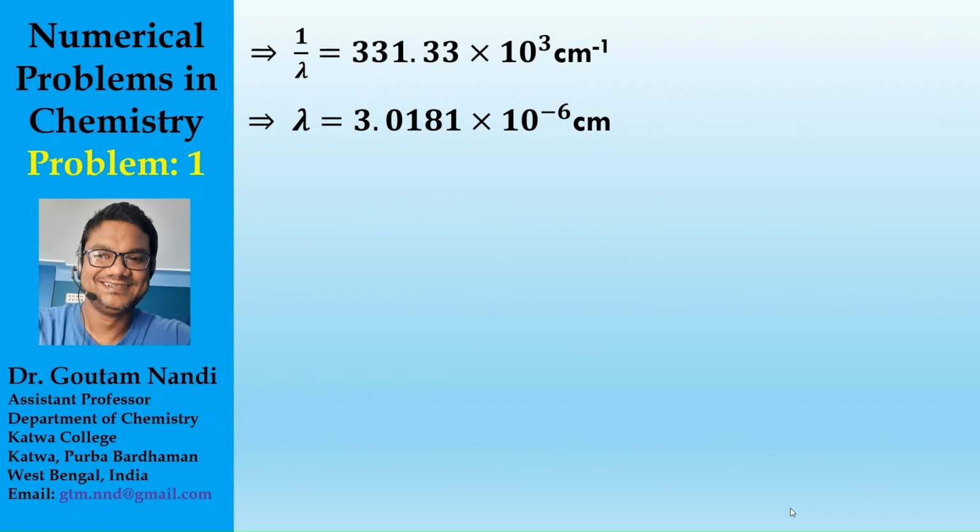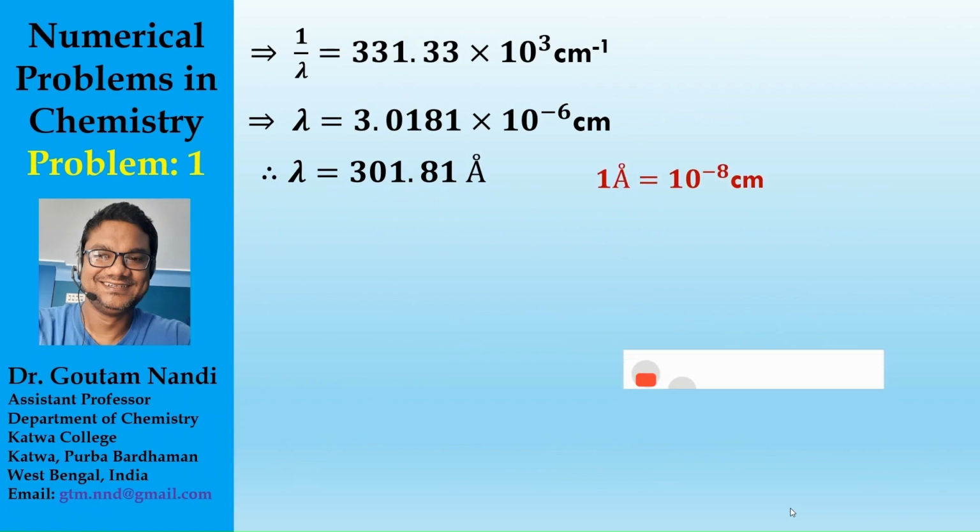Okay, this is the wavelength of the emitted radiation in centimeter unit, but in the problem it is asked to calculate it in angstrom unit. So we will convert this value into the angstrom unit, and this will give the value 301.81 angstrom, as 1 angstrom equal to 10 to the power minus 8 centimeter.